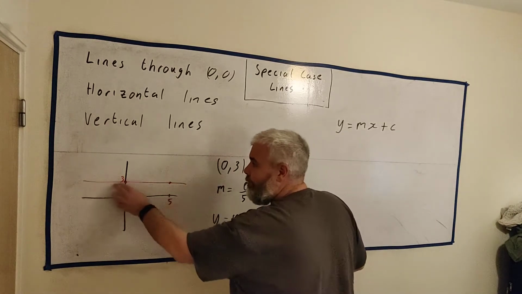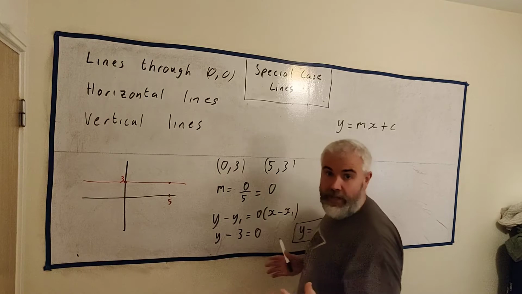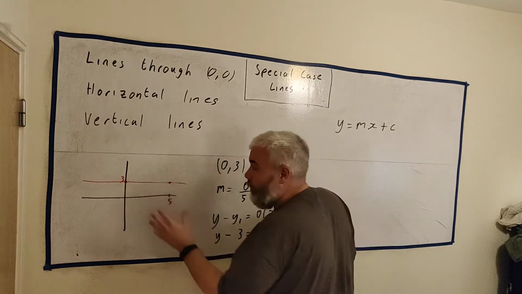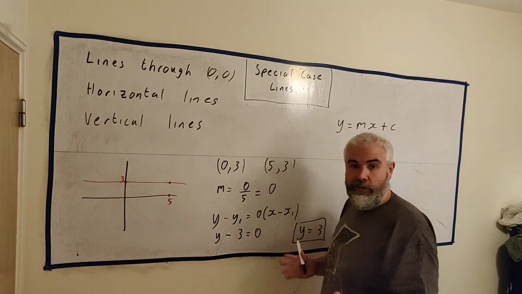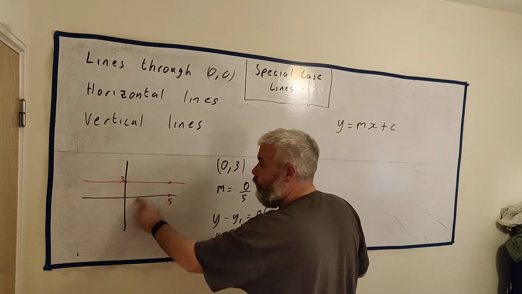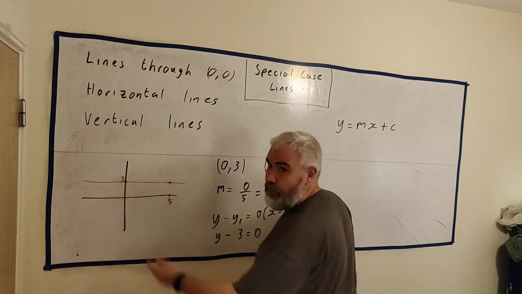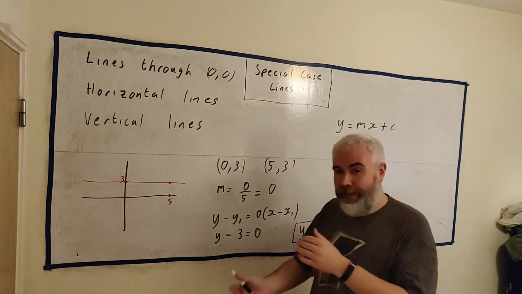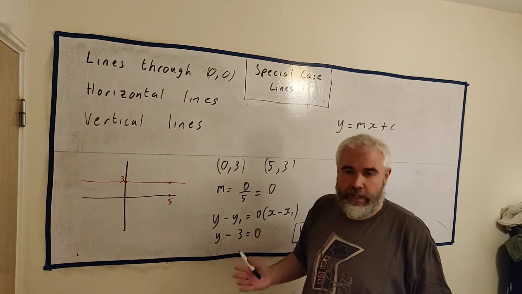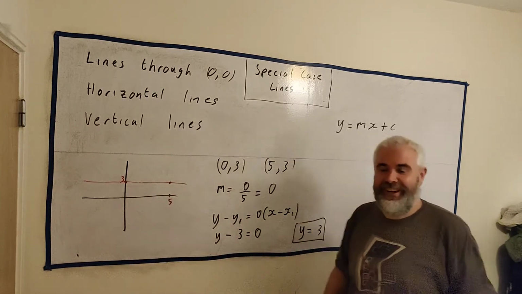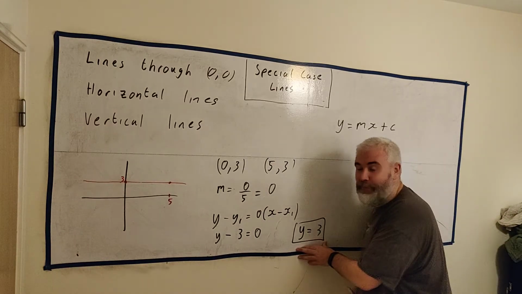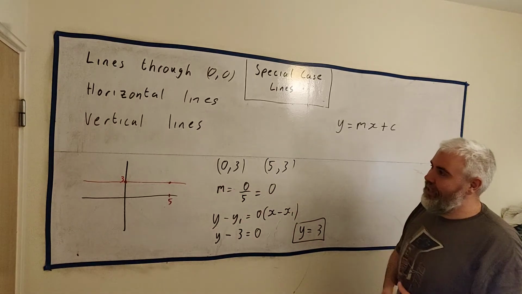To describe every point here, all you have to tell me is y is equal to 3. I don't care what x is. x is every other number: 0, 3; 1, 3; 1.5, 3; 7.94827, 3. They're all points on this line. This tells me every point on that line, just like this.